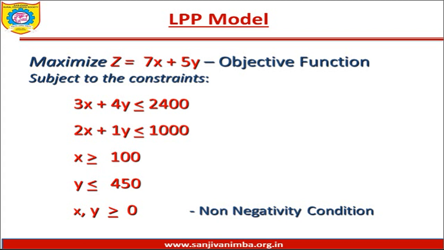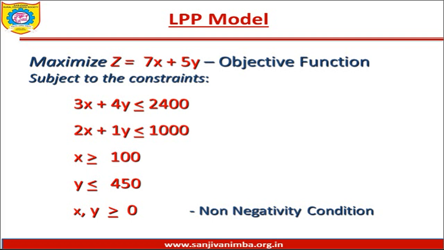Secondly, 2x plus 1y has to be less than or equal to 1000 hours, which is a painting hour restriction. Thirdly, x has to be greater than or equal to 100, that is your number of tables has to be more than 100. Secondly, your y has to be less than or equal to 450, that is you cannot manufacture more than 450 chairs. And lastly, non-negativity condition, x and y have to be greater than or equal to 0. So in totality, this is how your LPP model gets formulated.